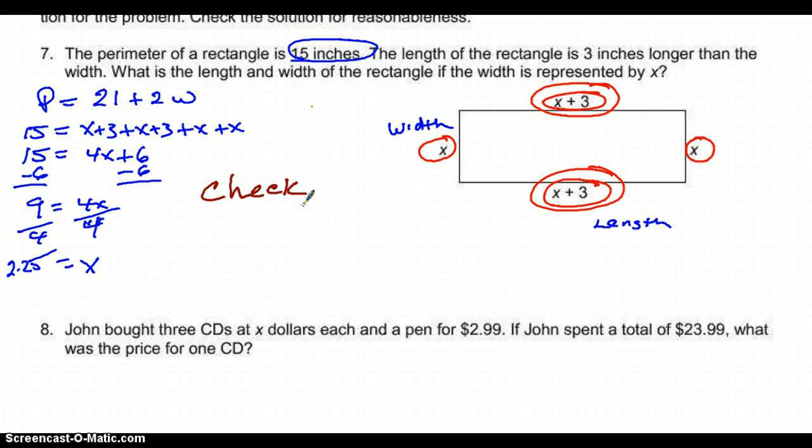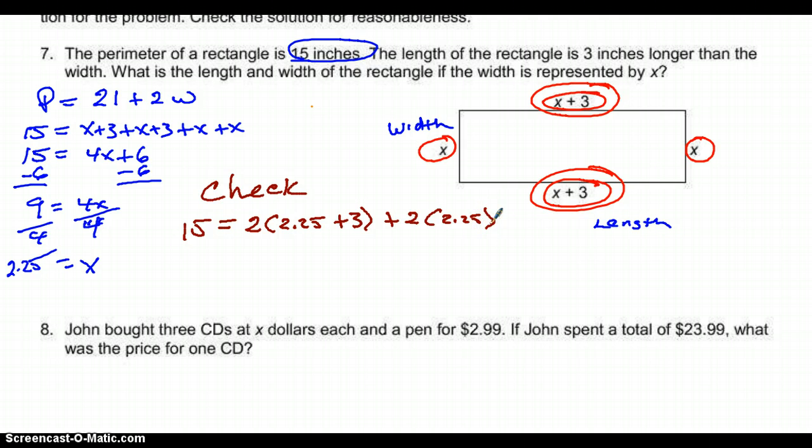All right, so now we will check it, and we can check by just using what we said, 2L plus 2W. So let's check by saying 15 is equal to 2 times 2.25, that's our x, plus 3, and that's plus 2 times 2.25.